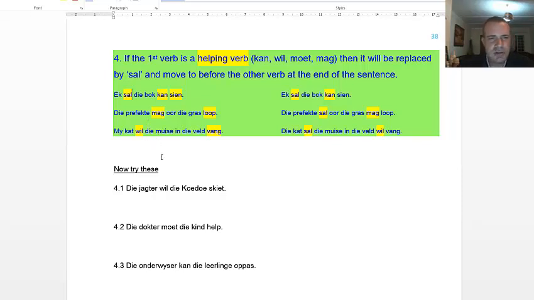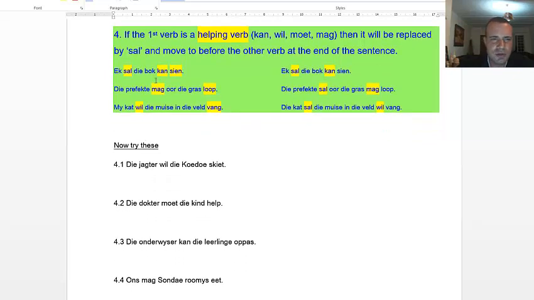So die prefecte mag oor die gras loop. So we say the prefects are allowed to walk over the grass. Okay? So what do we see? We see mag is a helping verb. So it's helping something else. What is it helping? It's helping loop. What do we do with it? Well, it can't move over loop.